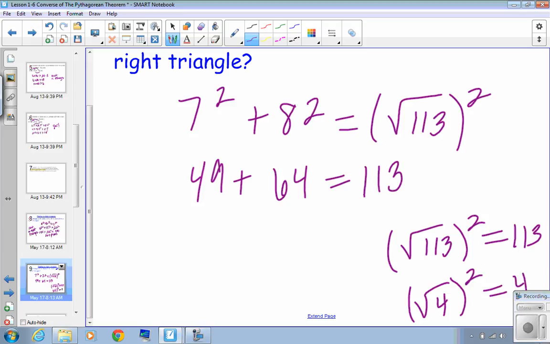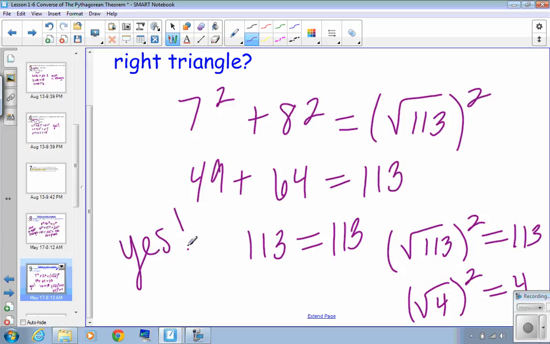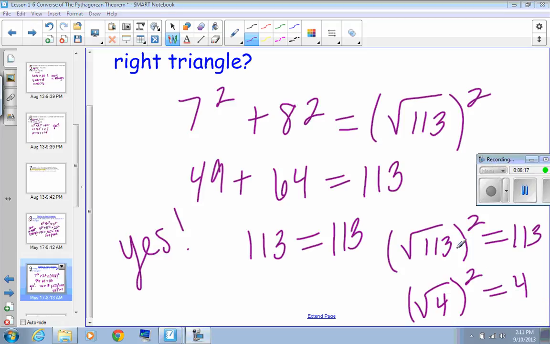So now I can add 49 plus 64, and 113 equals 113. So yes, this is a right triangle. Make sure you write this down, that any square root squared is the same number.